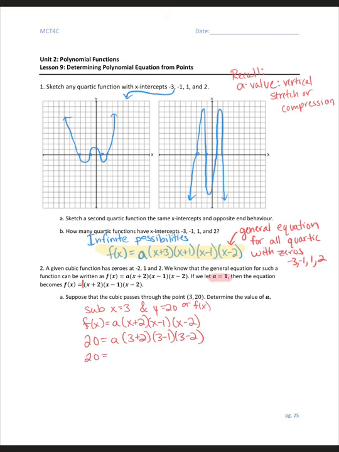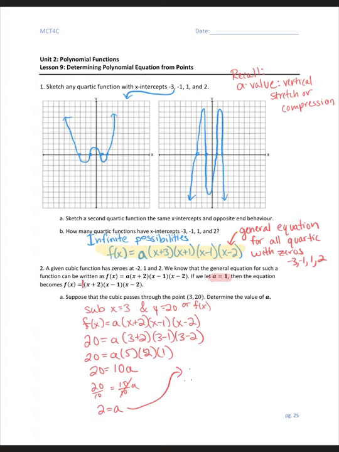So now we'll just simplify where we can. 3 plus 2 is 5. 3 minus 1 is 2. And 3 minus 1 is 2. And 3 minus 2 is 1. So let's multiply these values. 5 times 2 is 10, and 10 times 1 is 10. So you have 10a. We're going to divide both sides by 10 to isolate our a. And we will have that a is equal to 2.